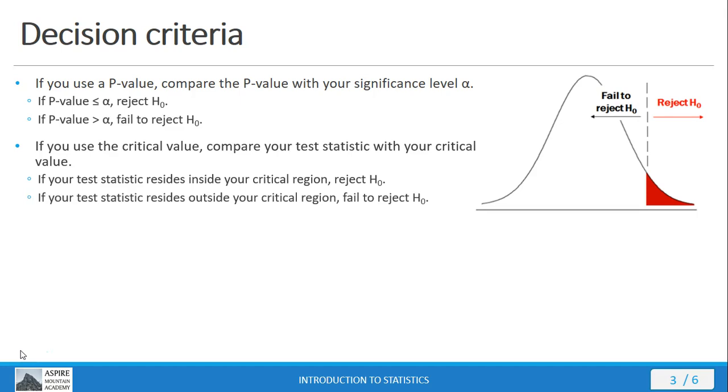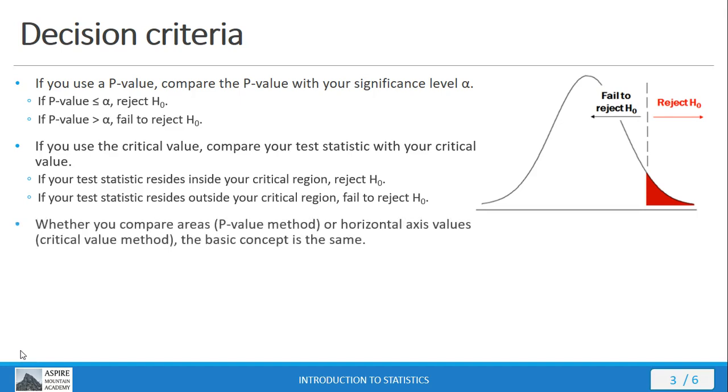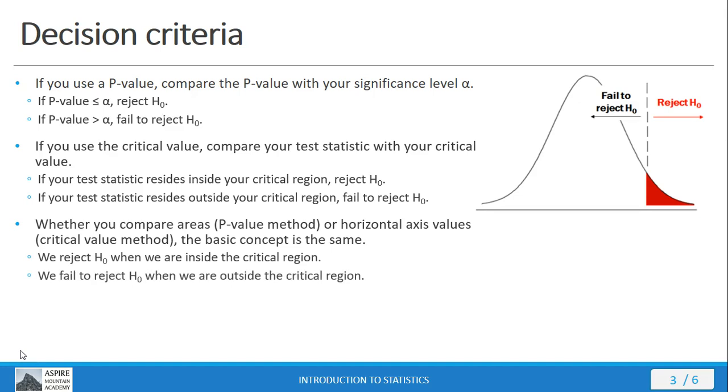So again, same concept, just a matter of which pair of values you're going to use for your comparison. But the basic concept is the same regardless of which route you take. We reject the null hypothesis when we're inside the critical region, and we fail to reject H0 when we're outside the critical region. That's the basic concept.